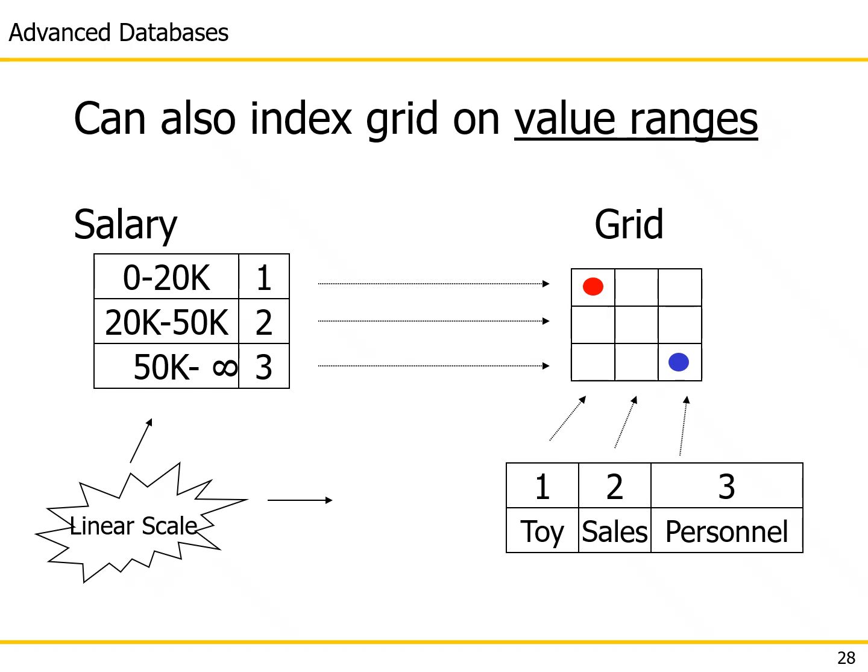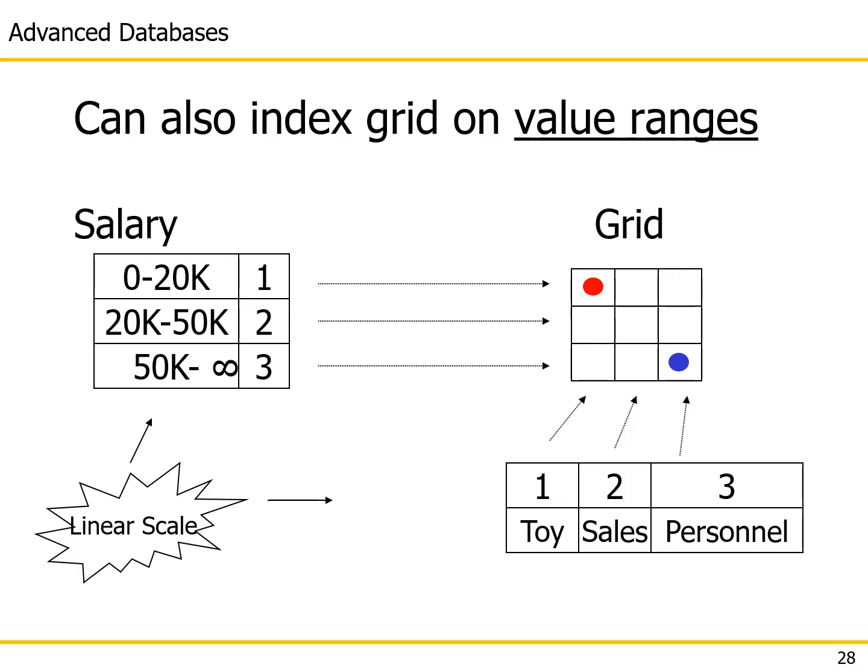So if you intersect the first row with the first column, you get this cell that has a red dot in the corner, and that is going to be for those who work in the toy department and whose salary is between 0 and 20K.